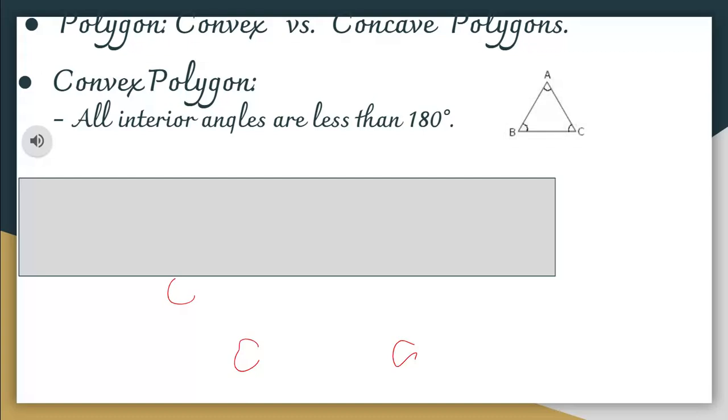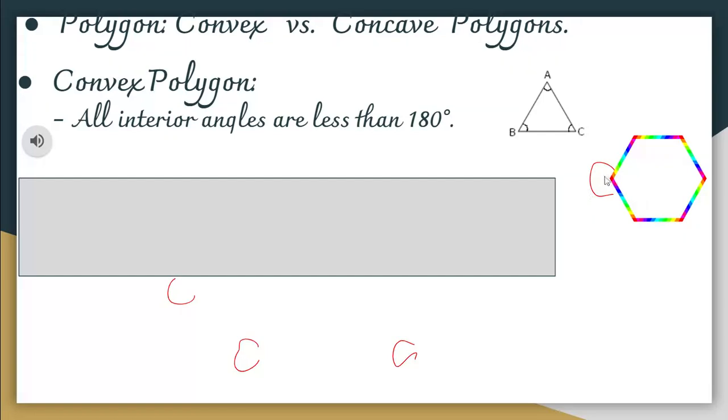Look at this hexagon. What are the interior angles? Look at any of them. They are all less than 180 degrees, isn't it? Now give an example of an angle which is more than 180 degrees. When you look at this angle, here E means exterior.